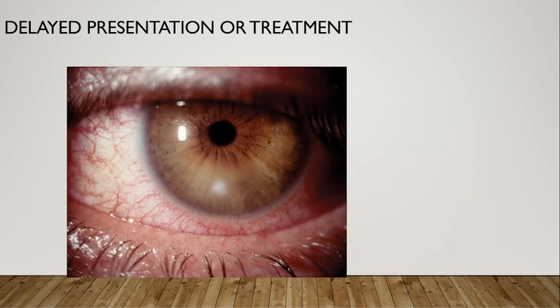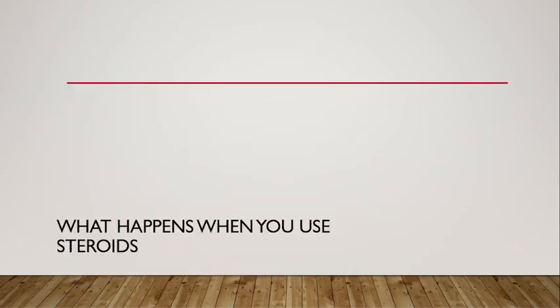And delayed presentation can give rise to a corneal ulcer. The definition of ulcer is a little different in ophthalmology from the normal pathological definition. Here, just the epithelial damage we call an epithelial defect. In a corneal ulcer, the underlying stroma is also undergoing necrotic changes, and this is an emergency for ophthalmologists.